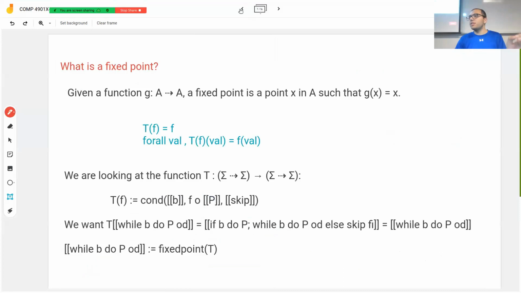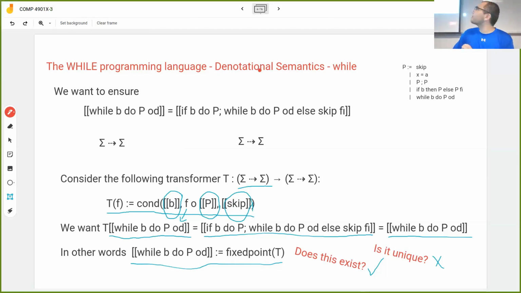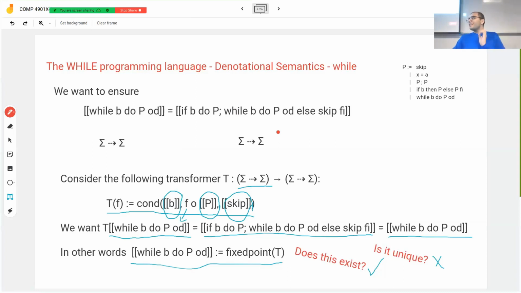Now, before going forward, I just want to emphasize one more time why this is important. We are trying to give a definition of semantics that is based on induction, based on its subprograms. Now, okay, I got disconnected again. Okay, and I'm back.